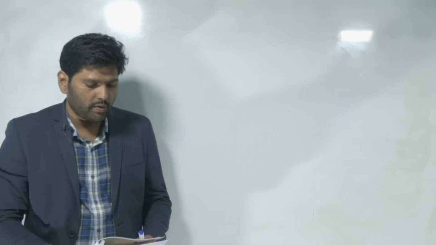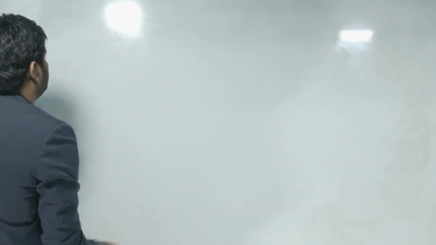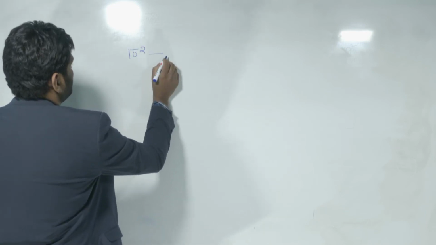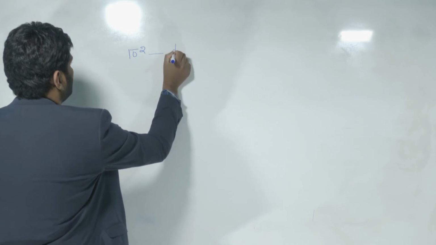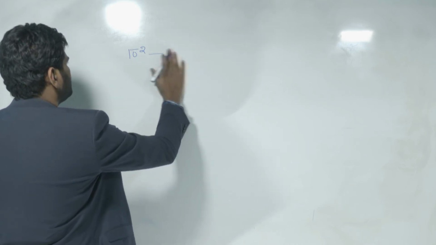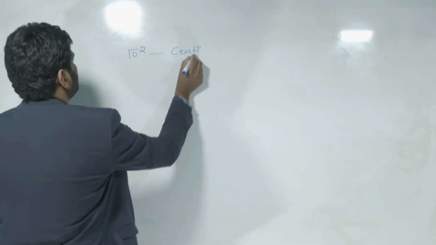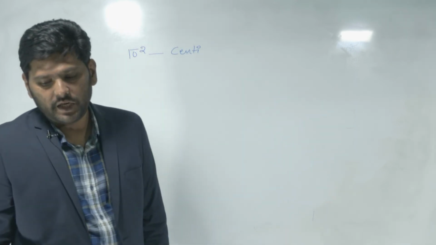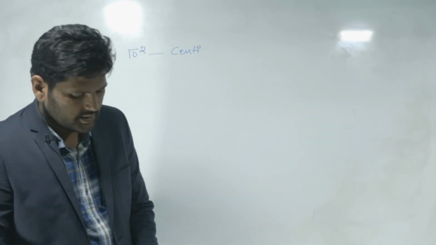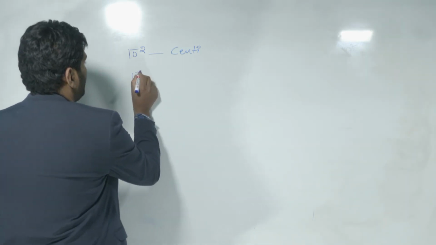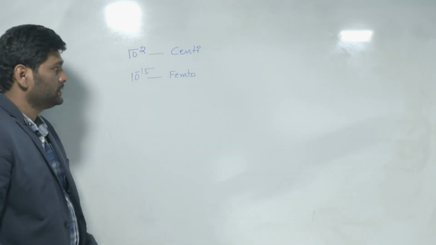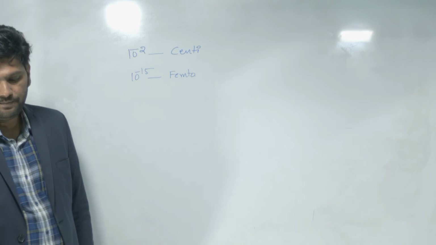Next, 10 power minus 2 is called centi, not deci. So it is the first option. 10 power minus 15 is called femto. Femtometer. Femto.